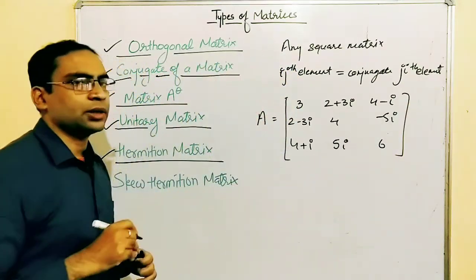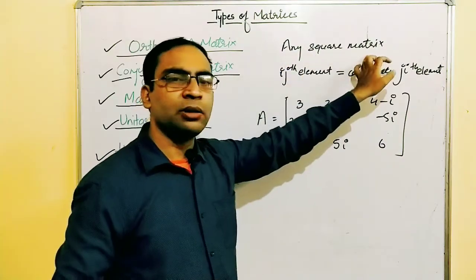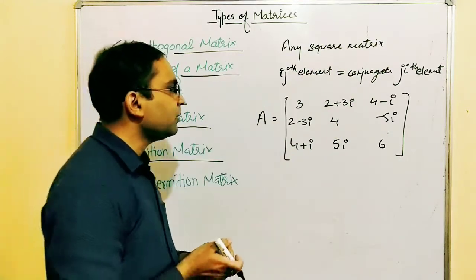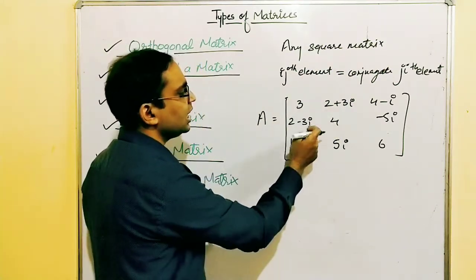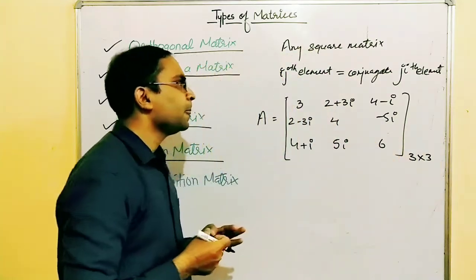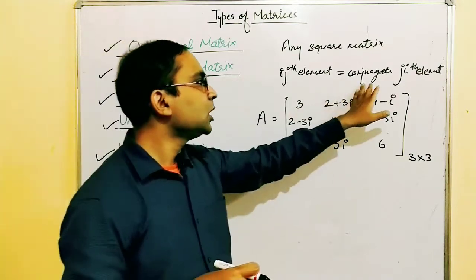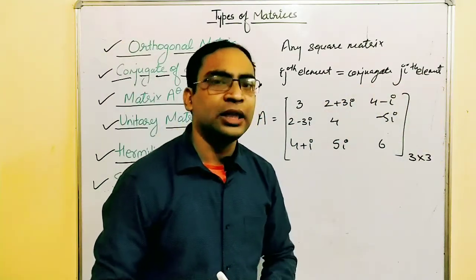So if this is a matrix, we need to check two things. This has to be a square matrix. Yes, this is a square matrix with 3 rows and 3 columns, and the order is 3 by 3. Then every ijth element needs to be equal to the conjugate of the jith element.